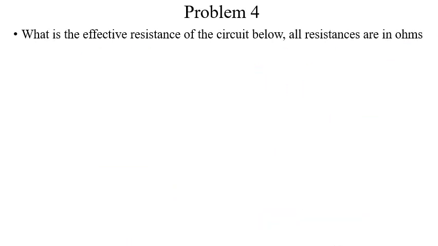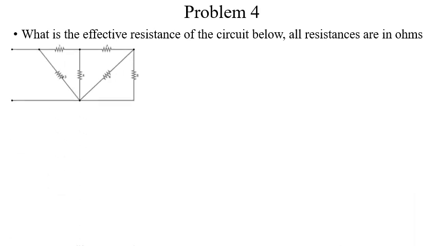Okay, so now let's solve problem 4, and the question states, what is the effective resistance of the circuit below? All resistances are in ohms. So this one here is 3, in case you are not seeing it well. Let me write it well for you.